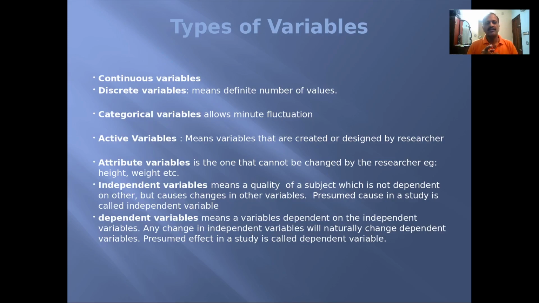So this is an independent variable. We always say that the presumed cause in a study is called an independent variable. Now what is a dependent variable? A dependent variable means a variable dependent on the independent variable.